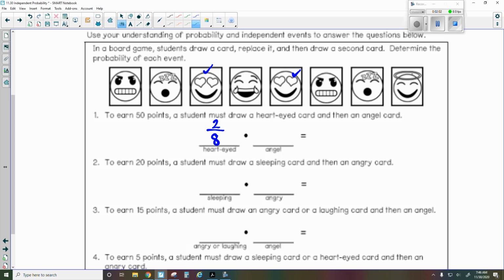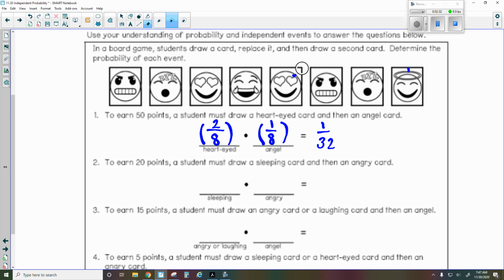It looks like it's just this one right here. So there's 1 angel card out of a total of 8 because we replaced the 2 heart eyes back. Okay, and then we're just going to multiply. If you're using your calculator, you do want to put in parentheses 2 divided by 8, and you want to multiply 1/8 inside your parentheses, and you get 1/32.